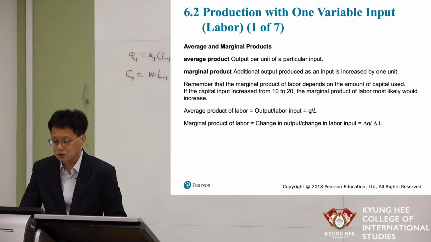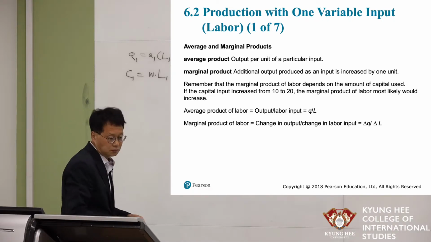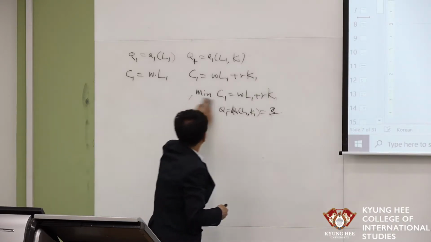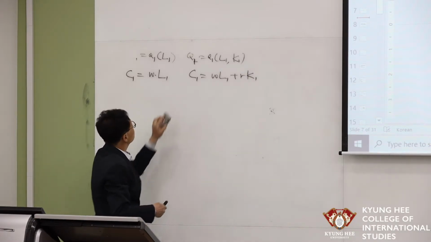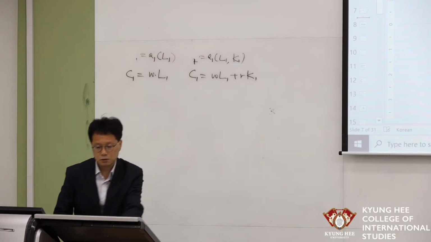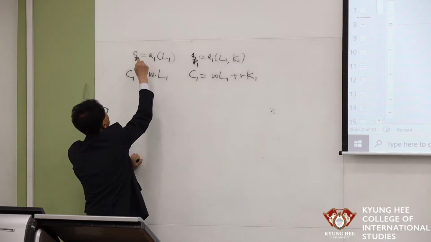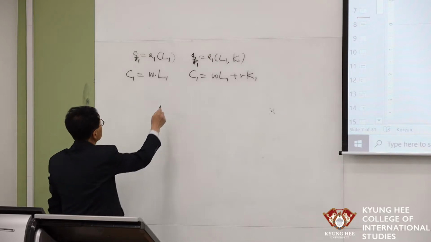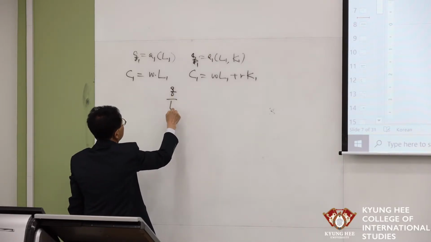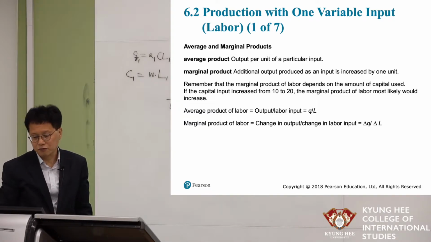Next slide, page 7. Average and marginal product, right? I'd like to use a small q following our textbook. Average product means Q over L, that is the average product in a one-factor production function.